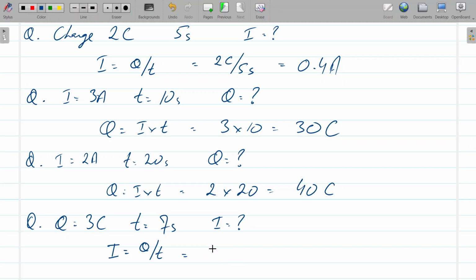First give me the values. What's Q? Q is the charge. What is the value given in the question? 3 over 7. Yes, and that would be 0.42. What's the SI unit for current? I is the symbol for current. A for ampere, yes.